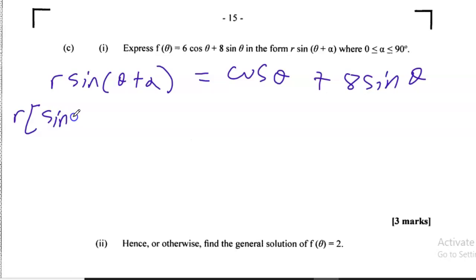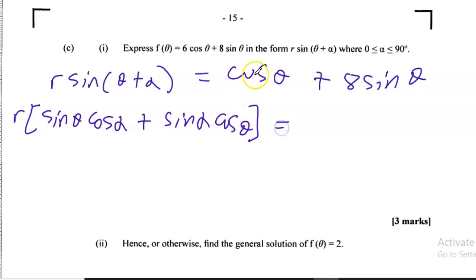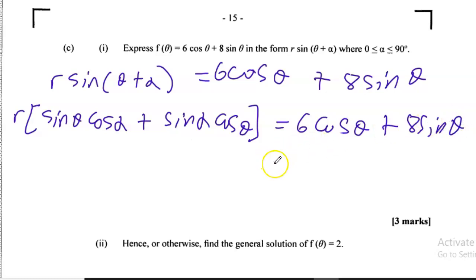Sin theta cos alpha plus sin alpha cos theta is equal to 6 cos theta plus 8 sin theta. So we can equate coefficients.